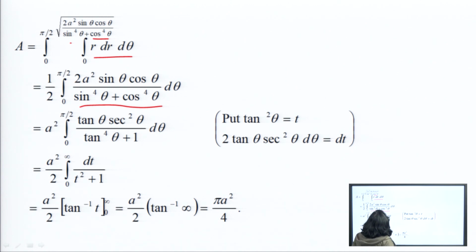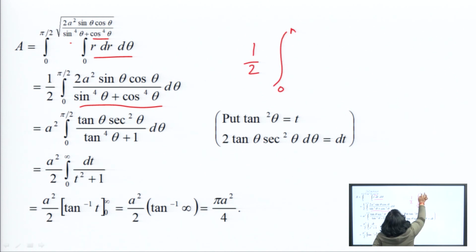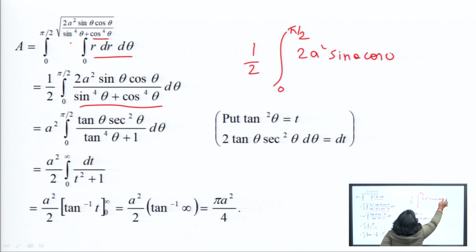This integration is 1 by 2, 0 to pi by 2, 2a square sin theta cos theta upon sin 4 theta plus cos 4 theta d theta. We go to the further calculation and simplify this integration. We have some properties of integration, so we solve this integration using these properties. Taking cos 4 theta common from both, it becomes tan 4 theta plus 1 d theta.